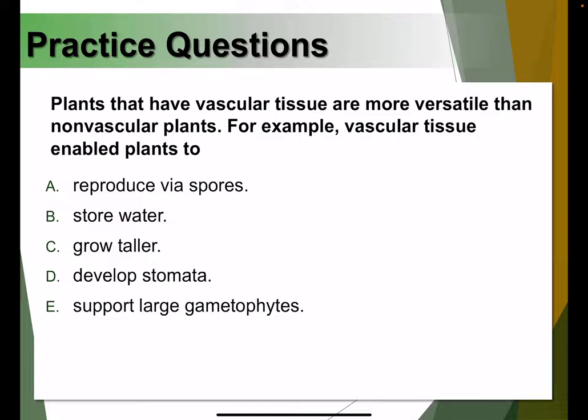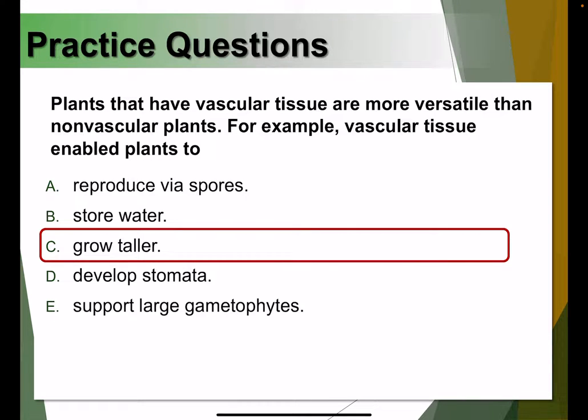Okay. Plants that have vascular tissue are more versatile than non-vascular plants. So for example, vascular tissue enables plants to do what? Grow taller, because all the other things, whether you're vascular or non-vascular, they all do. The only thing that non-vascular plants can't do is grow tall.